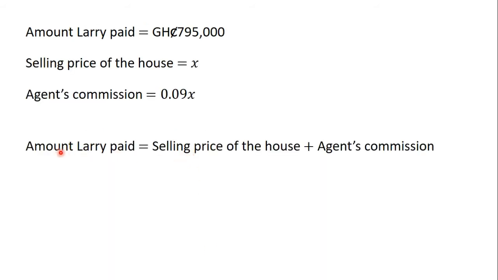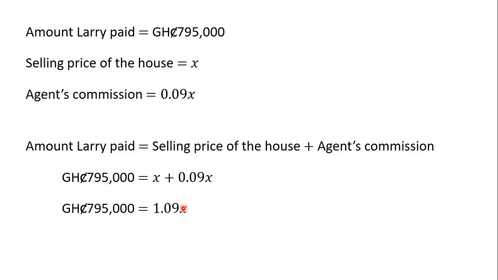So the total amount Larry paid is equal to selling price of the house plus the agent's commission. The total amount Larry paid is 795,000 Ghana cedis. The selling price of the house is X, and the agent's commission is 0.09X. So we have 795,000 Ghana cedis is equal to X plus 0.09X.